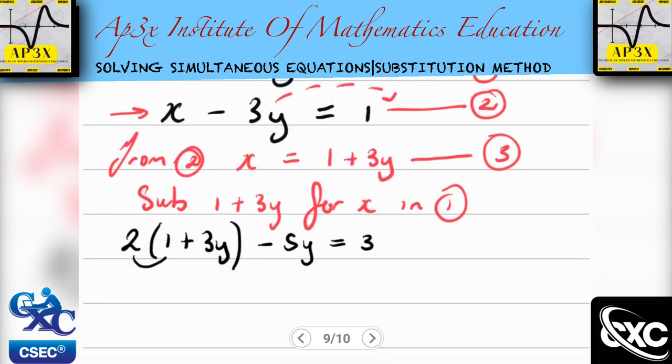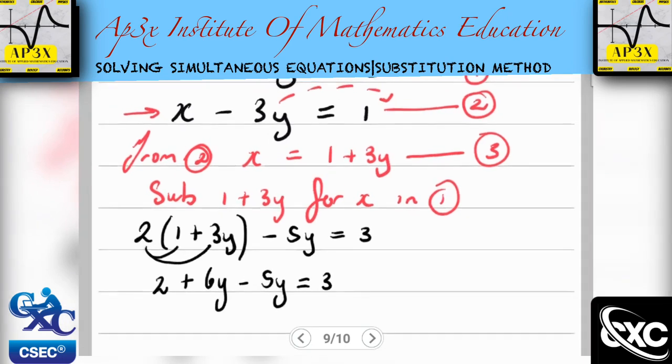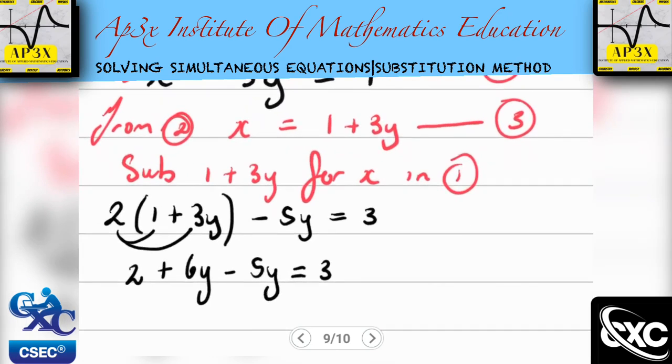Now distributing here, 2 times 1 is 2, and 2 times 3y is 6y, minus 5y equals 3. And so easily then we can group like terms.